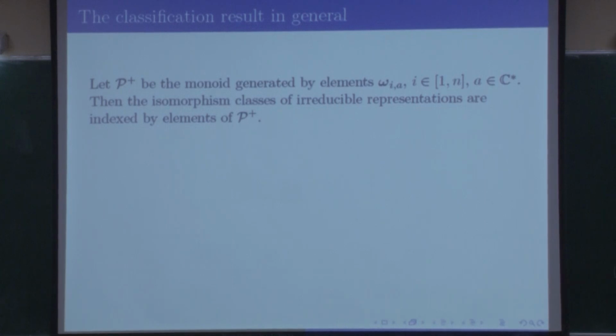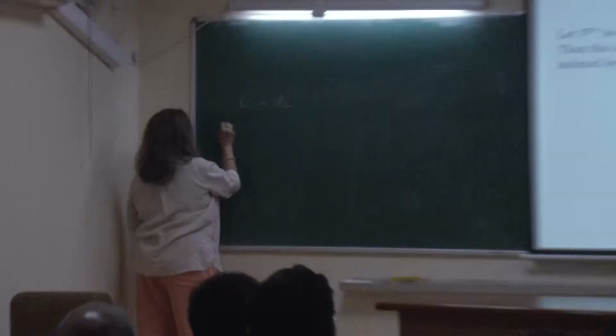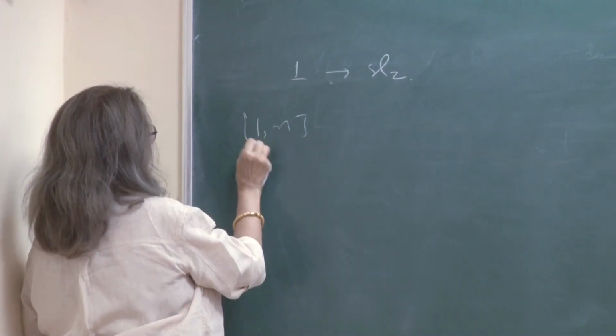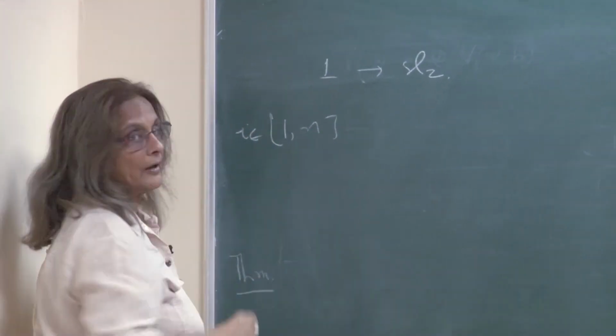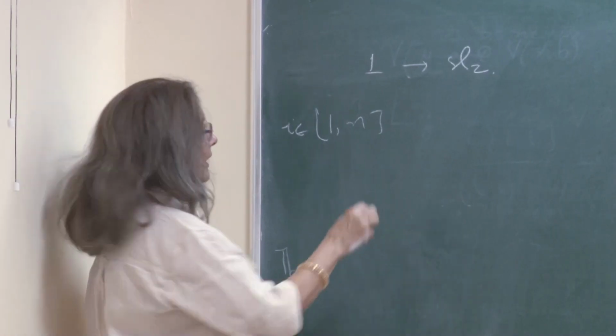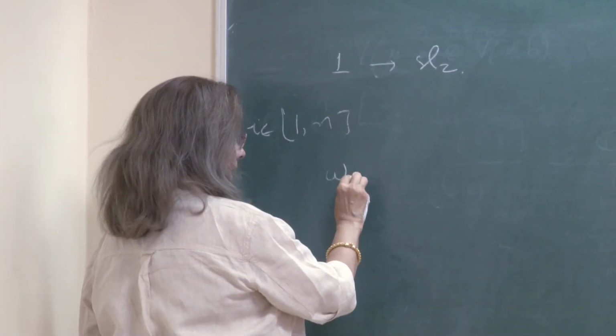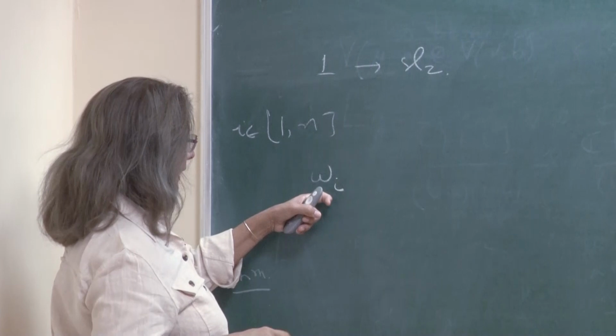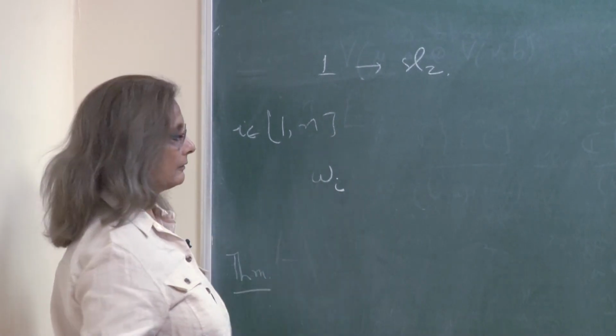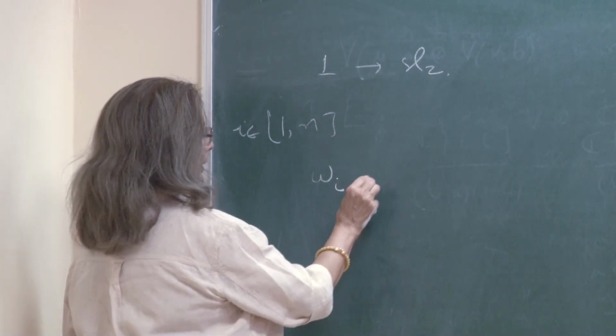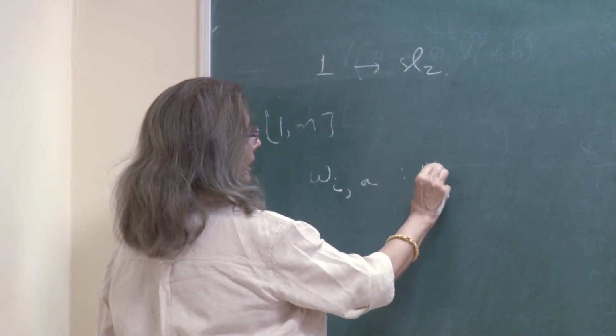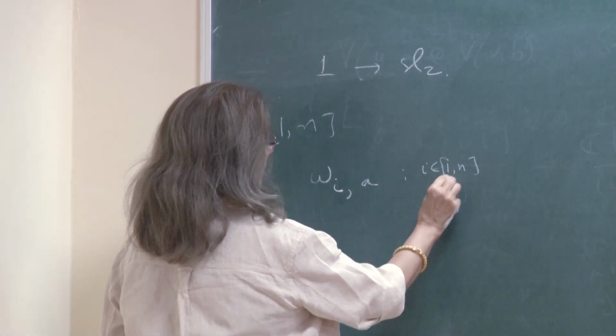Well, this 1 represented the rank of SL2. So in general, if I take 1 to n, if n was the rank of my Lie algebra, then I would give myself an omega for every index of every node of the Dynkin diagram and every a. So this will be i in 1 to n and a in C star.